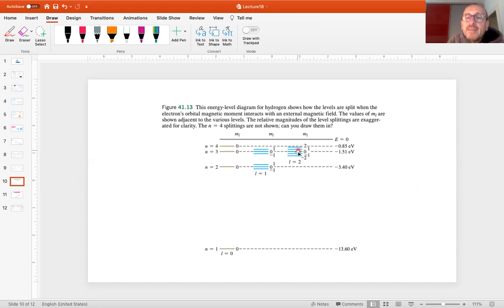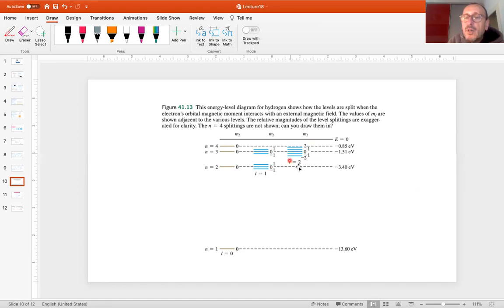You can actually estimate the separation between 2 levels here. And if you estimate the separation, you're going to find out that this is a huge magnetic field that you have to apply to have a difference in the energy levels like this.